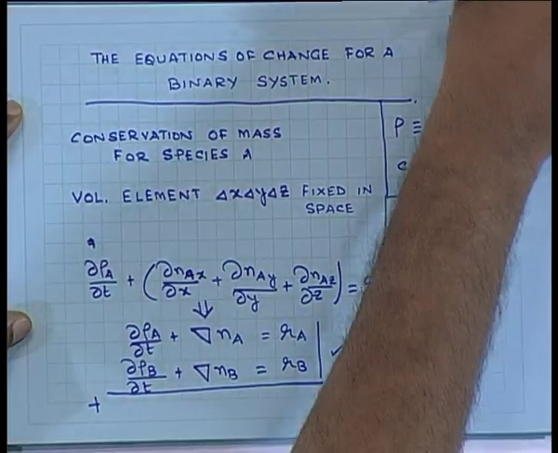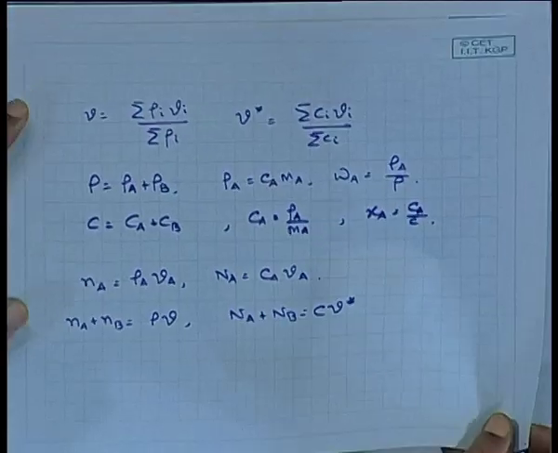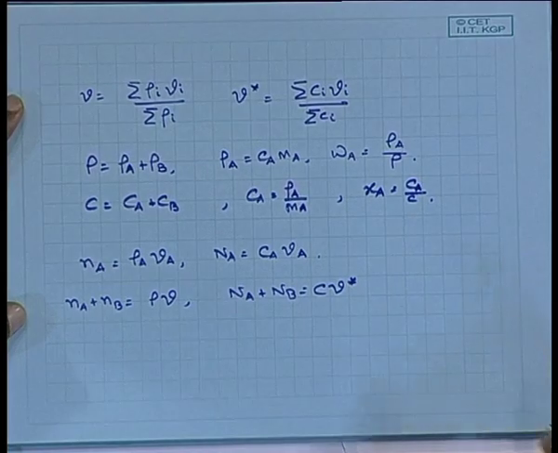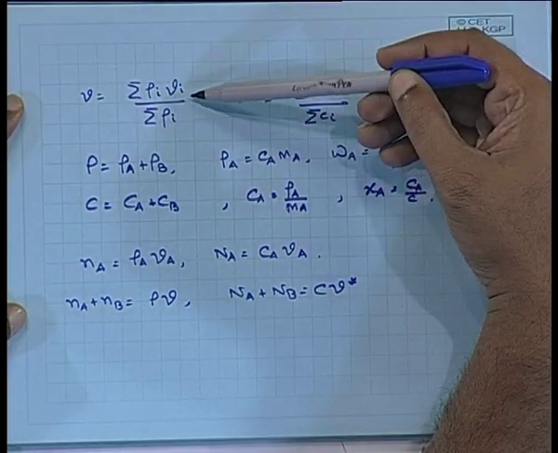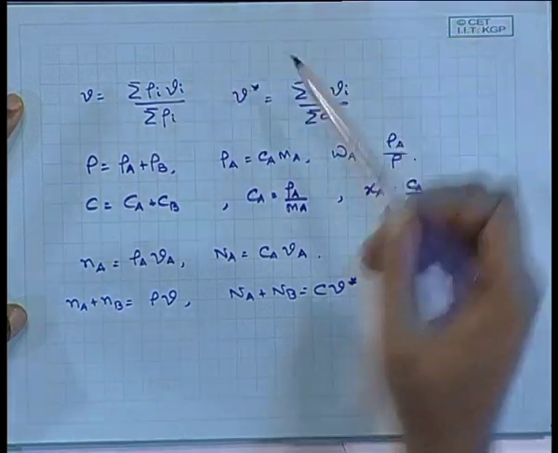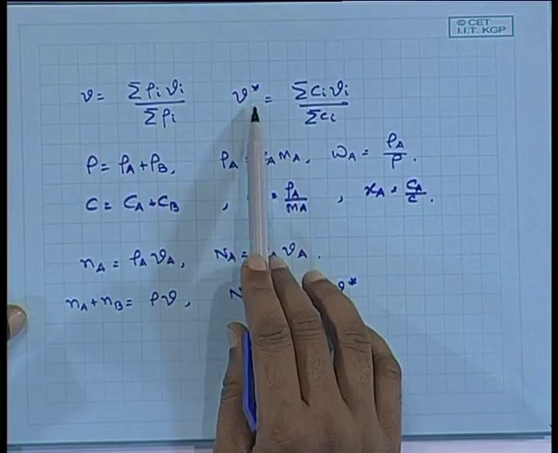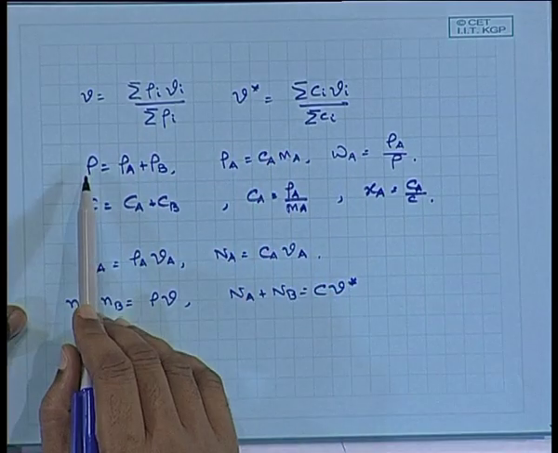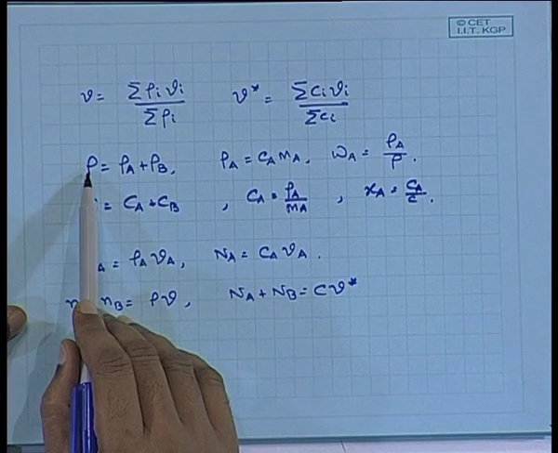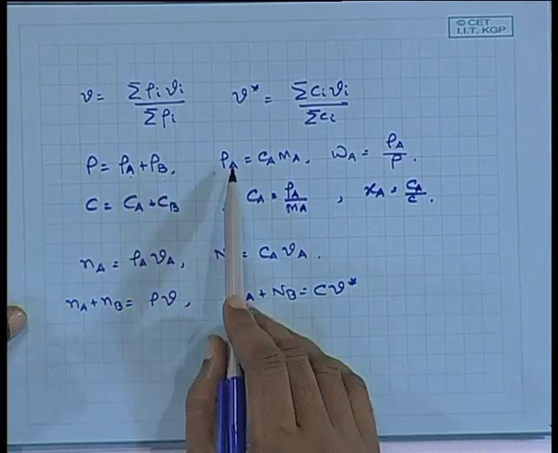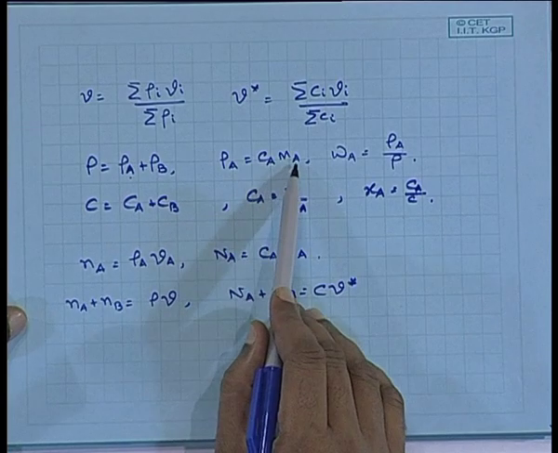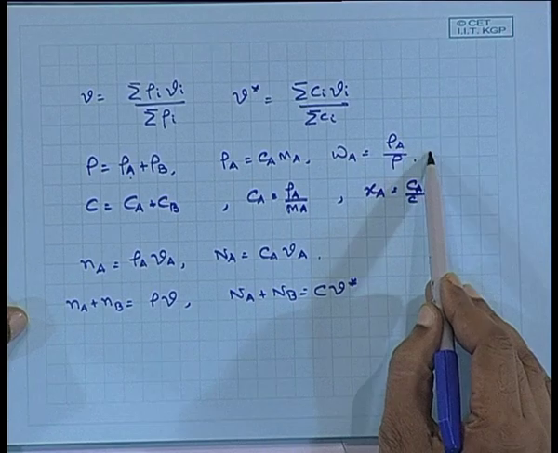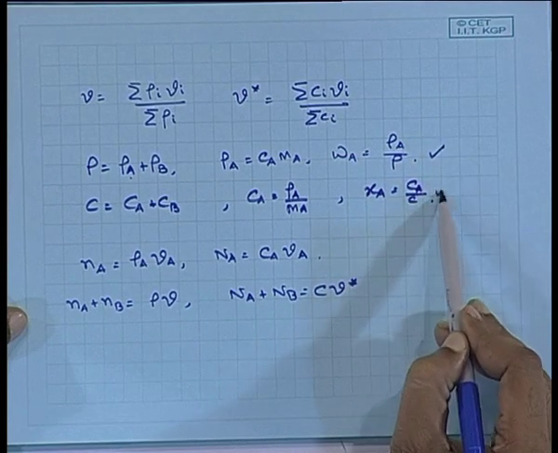What is N A? I bring to your notice the equations that we already know, but I would like to reiterate one more time. This is the mass average velocity, the expression for which we have already seen. The star refers to molar average velocity. The mass density of the system is a sum of these two, whereas the mass density in kg per meter cube is simply the molar density multiplied by molecular weight. This is the mass fraction, this is the mole fraction.